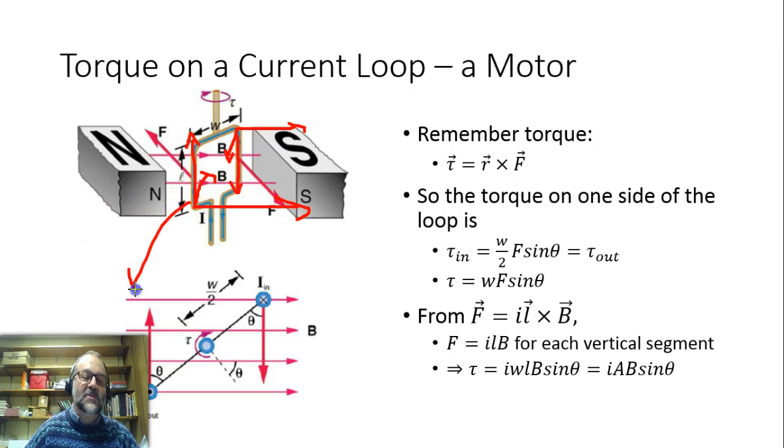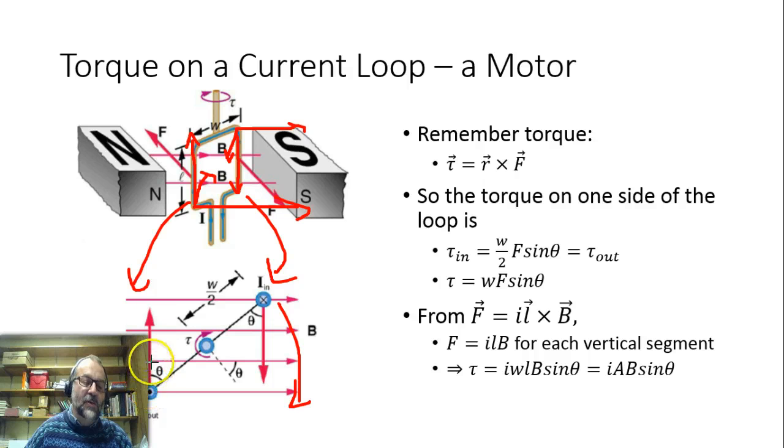That corresponds to this and this. This is a top-down view. So we have a force exerting this direction and a force exerting that direction. So this wants to rotate.